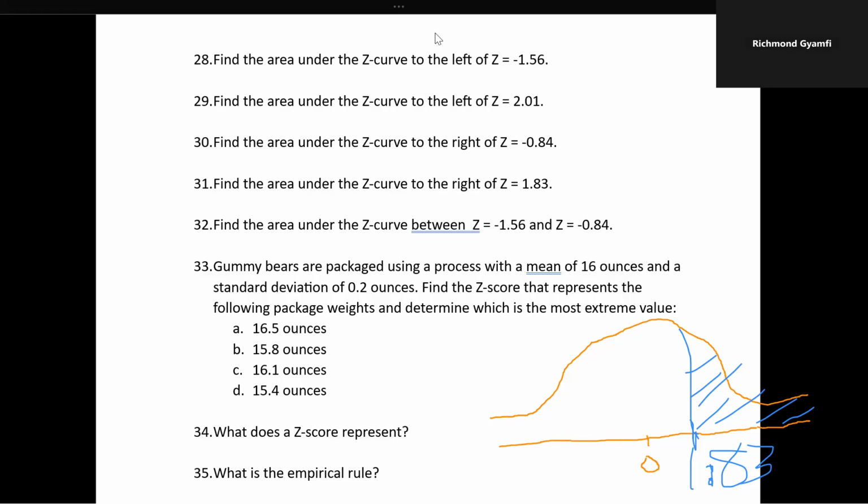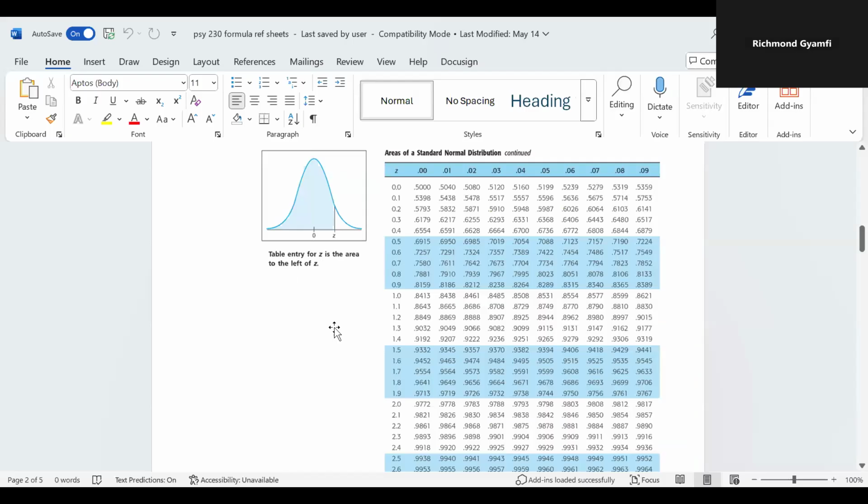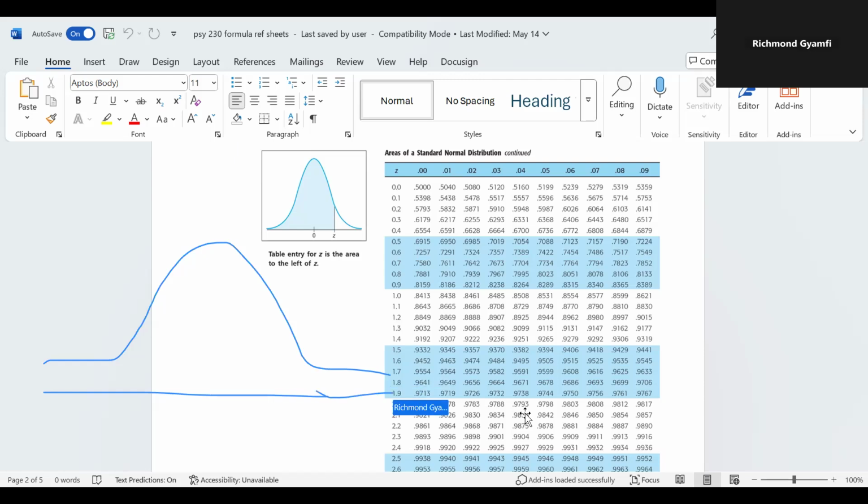So if I go to the table, 1.83 is going to be, yes, 0.9664. Let me draw it again here. So 1.83, and then this is 0.